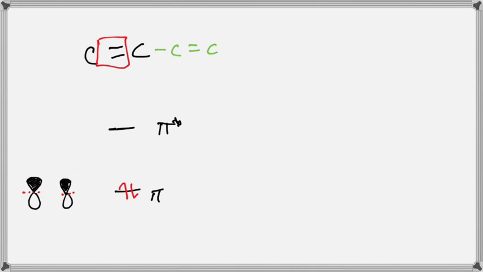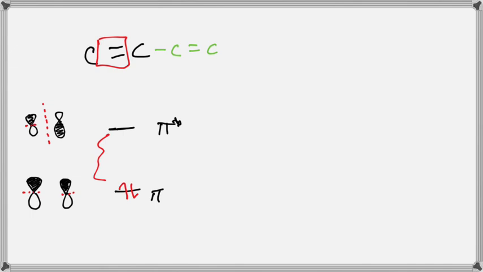We could also have interacted them in a way where it was shaded differently, and now what have we created? A second node. So as we go up in energy, we add nodes. Okay? The energy gap is defined between those. Everything good so far?